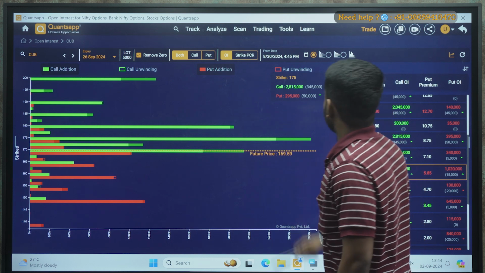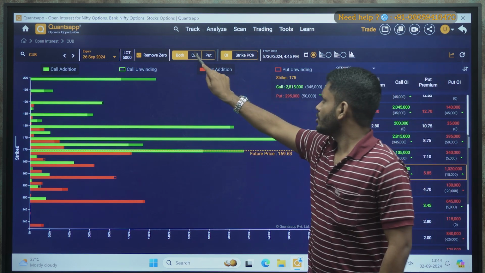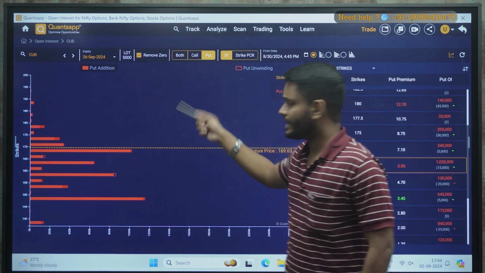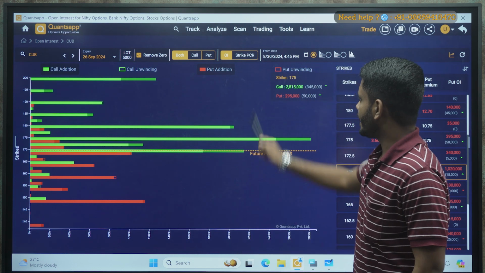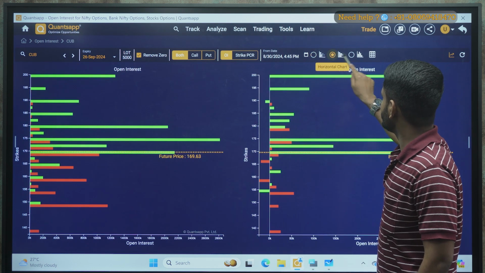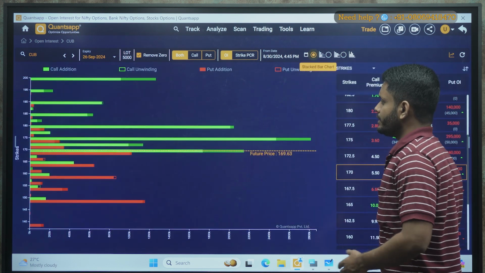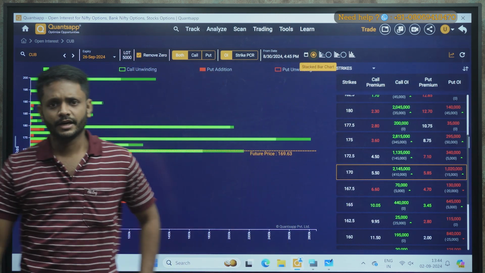Here the formats are given, like if you want to view only call writers level, or only put writers level, or both call writers and put writers. I'll keep it as the default mode. Here it also gives you different angles to view it, but I'll go with the default mode, and I would also suggest you stick with the default mode only.